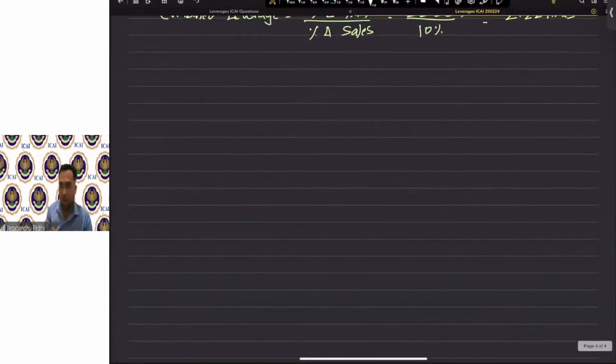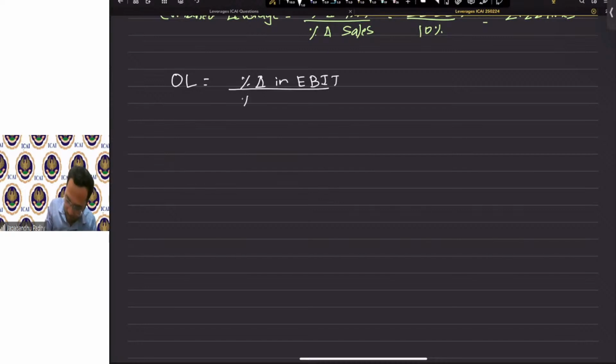So putting up all the three forms of leverages: operating leverage is percentage change in EBIT upon percentage change in sales. Financial leverage is percentage change in PAT upon percentage change in EBIT.